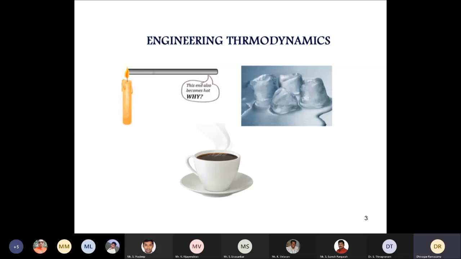Like how heat is transferred from one end to another end, how energy is converted from one form to another form, these are all the things we'll be studying in the subject of engineering thermodynamics. The third diagram is a coffee cup, showing how heat is transferred from the coffee cup to the atmosphere. This is just a basic example for engineering thermodynamics.